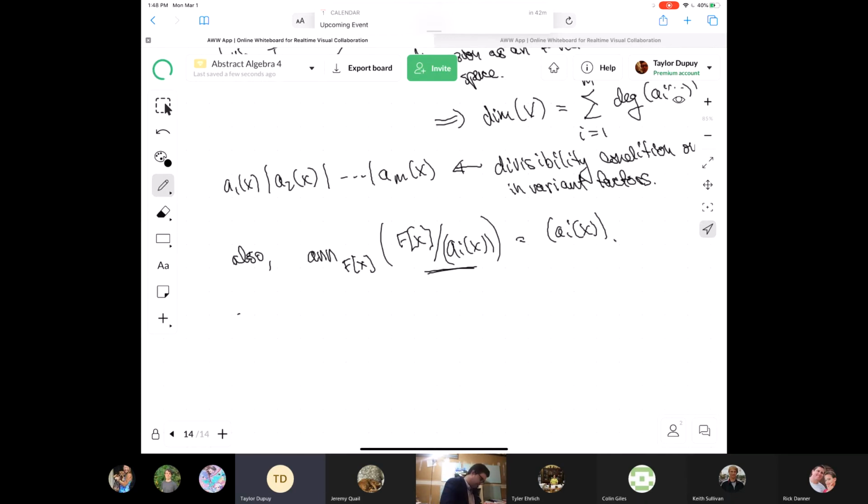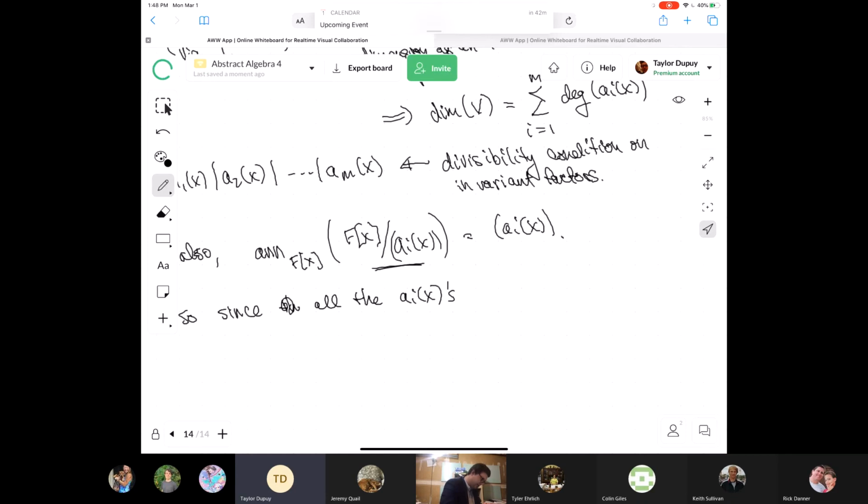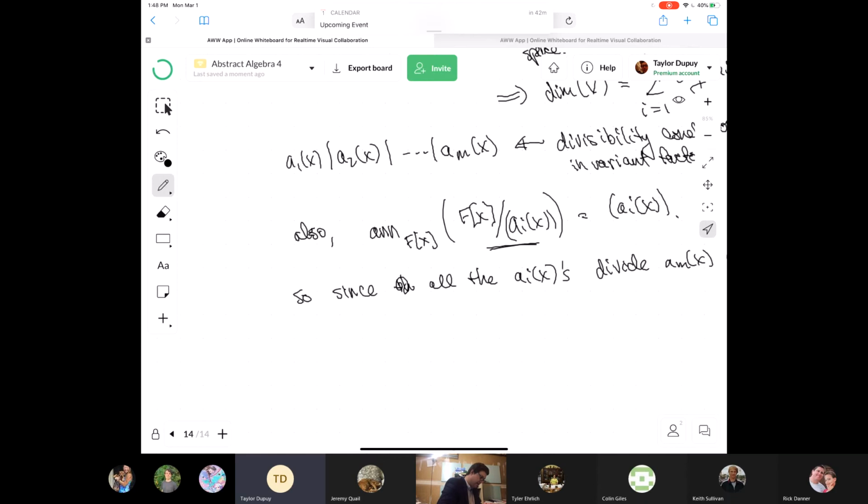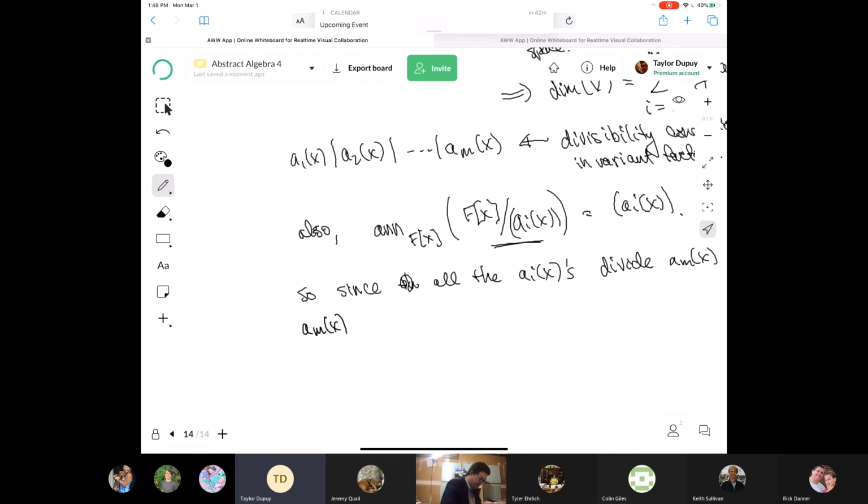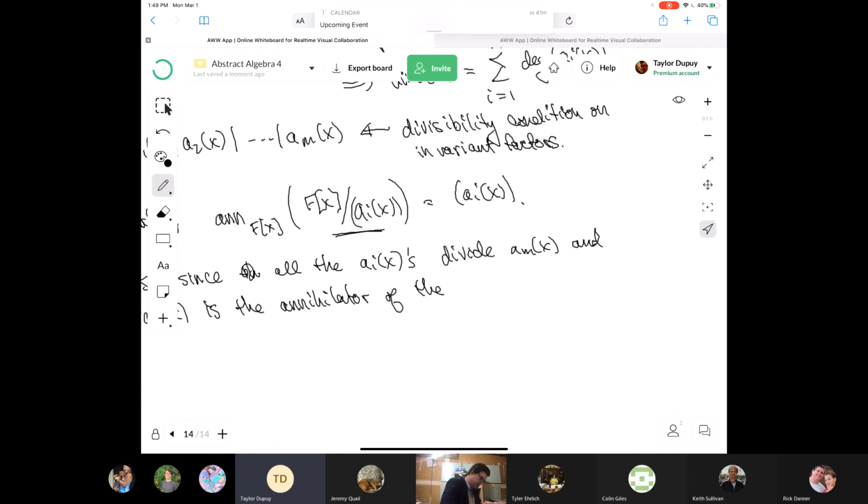So since all the a_i of x's divide a_m of x, and a_m of x is the annihilator of the last invariant factor.